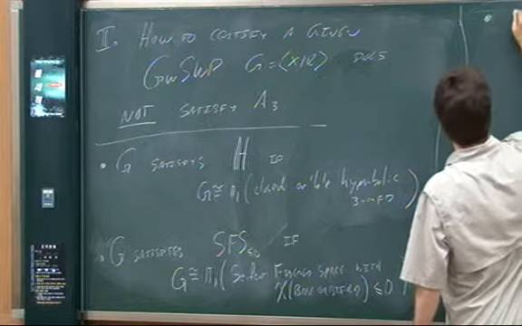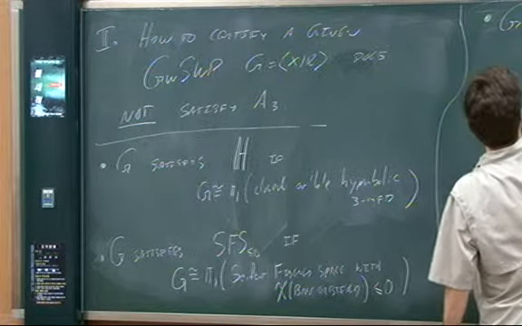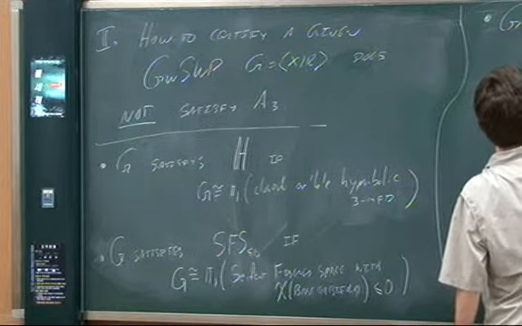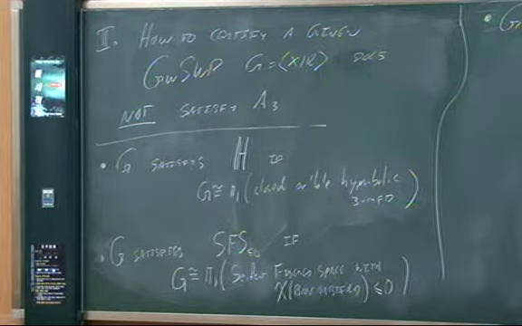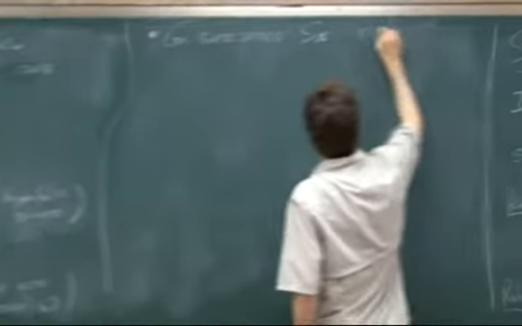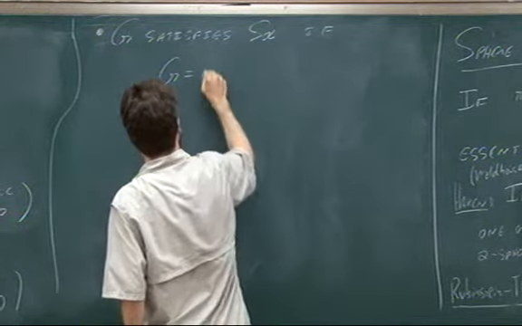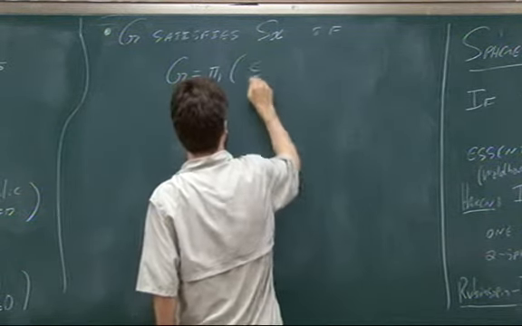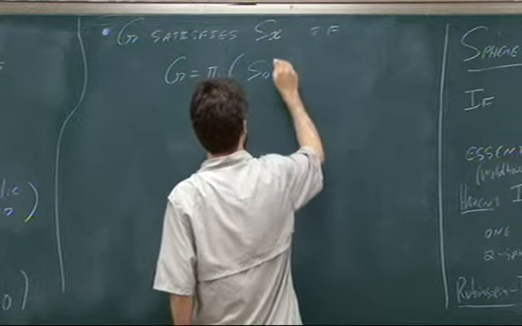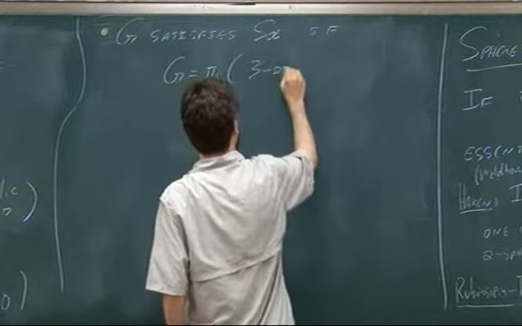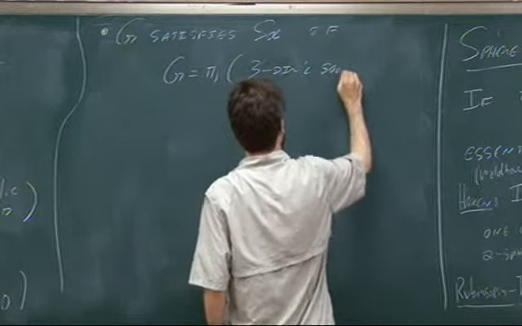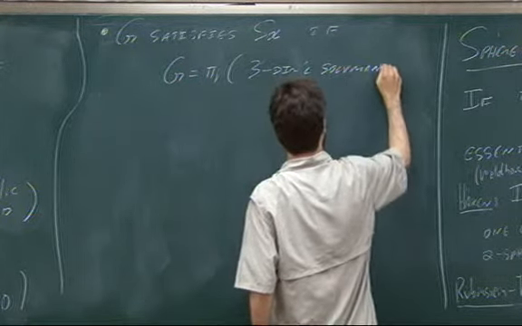And then we'll say G satisfies Sol. This is a separate, we need to put this in, for reasons you'll see, I need to handle this one separately. If G is equal to pi1 of, well, a solvable manifold. Three-dimensional solvable manifold. So I need to tell you what that is. Maybe. I might skip that.